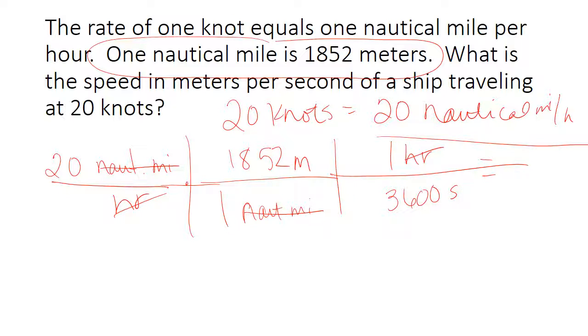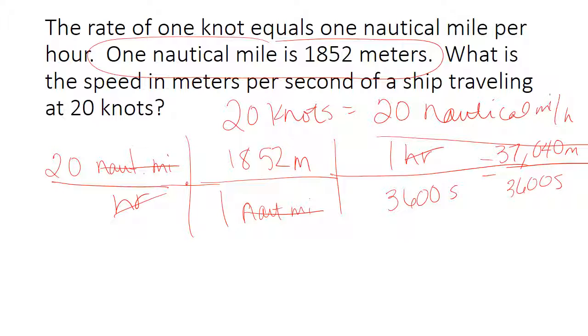So I'm going to multiply across the top. So that's going to be a 0. Right, so 20 times 1852 is 37,040 meters for every 3,600 seconds.